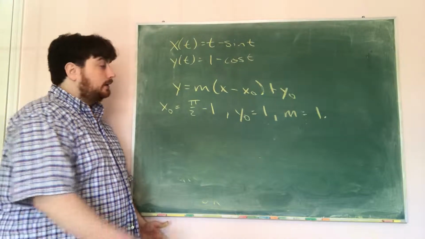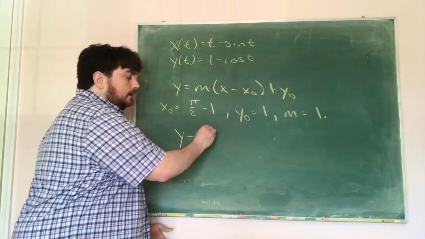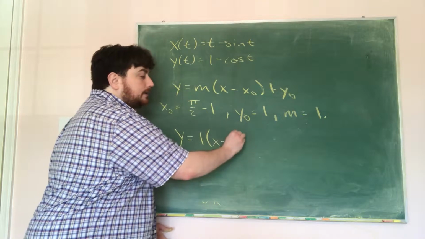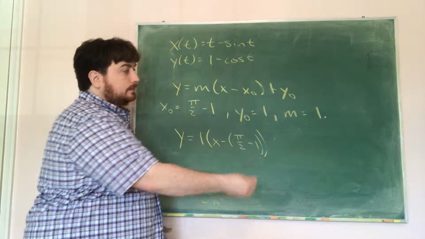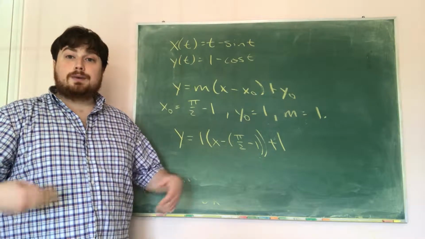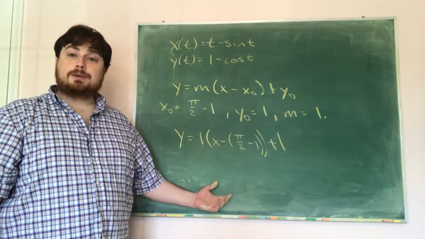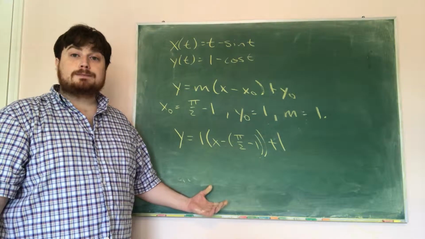Therefore, if we combine this all together, the equation of our tangent line is y equals 1 times x minus pi over 2 minus 1, plus 1. If you'd like, you can simplify that, but I'm going to leave that as is and just say that that is the equation of our tangent line.